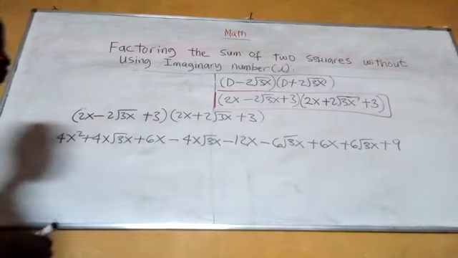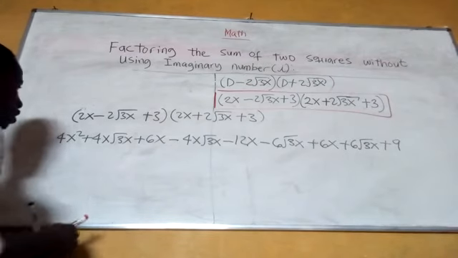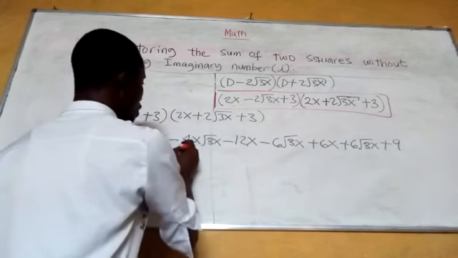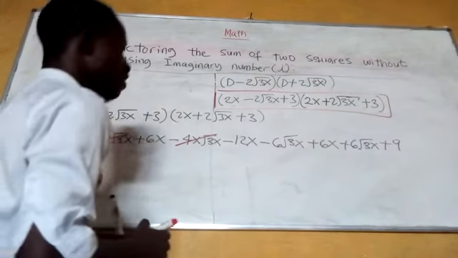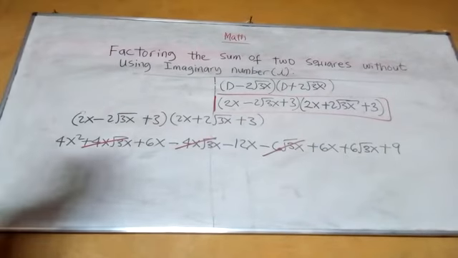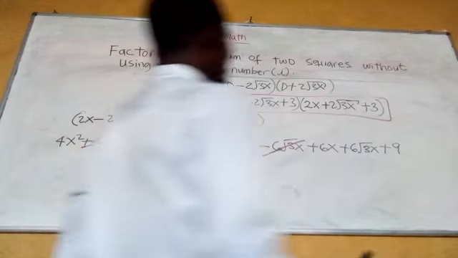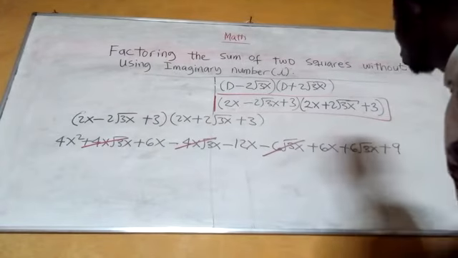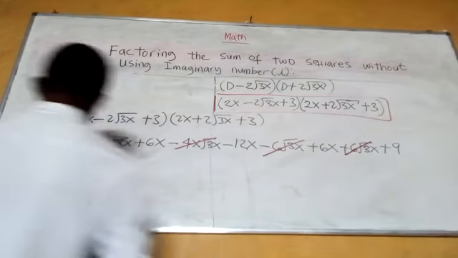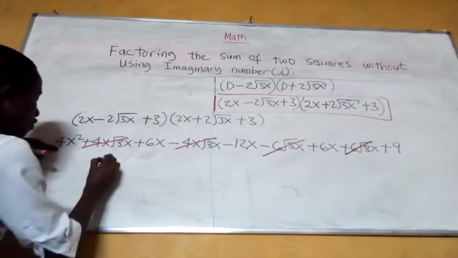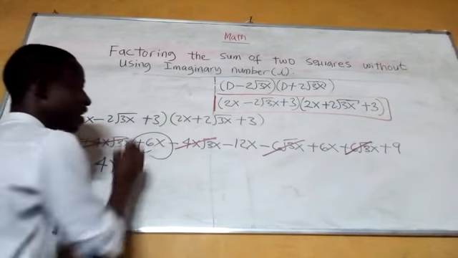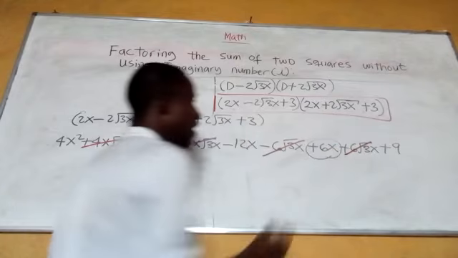So let's look here. We can now see that positive 4x root 3x will cancel minus 4x root 3x. And we can also see that minus 6 root 3x will cancel positive 6 root 3x. Now we can see that we are left with 4x squared. We can see that positive 6x and positive 6x can be added.